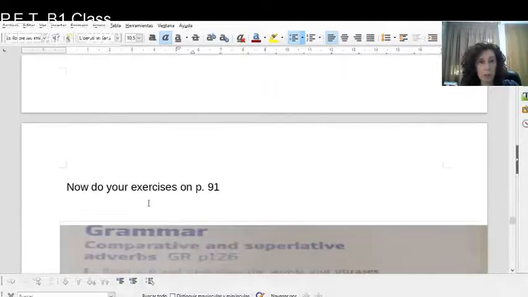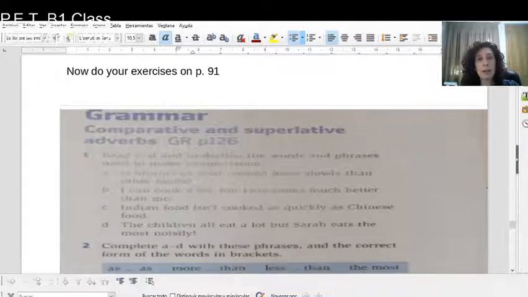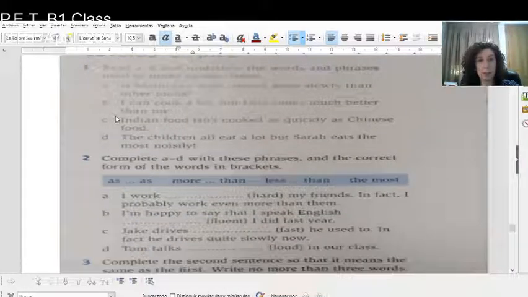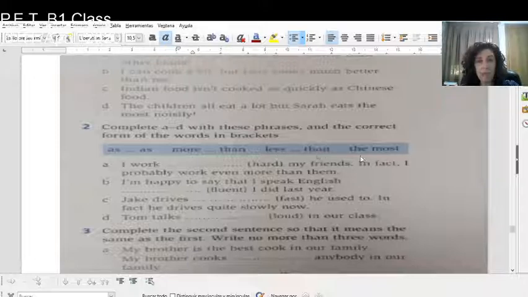So for Wednesday, you have to do your exercises on page 91. First, you have to underline the words and phrases used to make comparisons. Number 2, you have to complete with these phrases: as, equality; more than, superiority; less than, inferiority; or the most, the superlative.